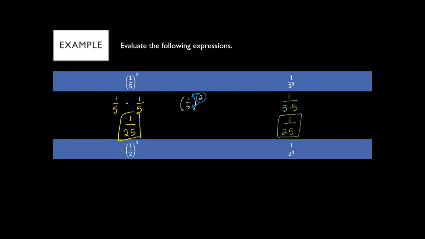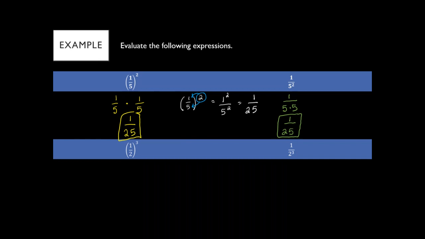So the top and the bottom get that exponent. So that would be 1 squared over 5 squared. Now 1 squared is 1, so that's why it's equivalent to what we saw on the right, because 1 squared is equal to 1, and then 5 squared is equal to 25.